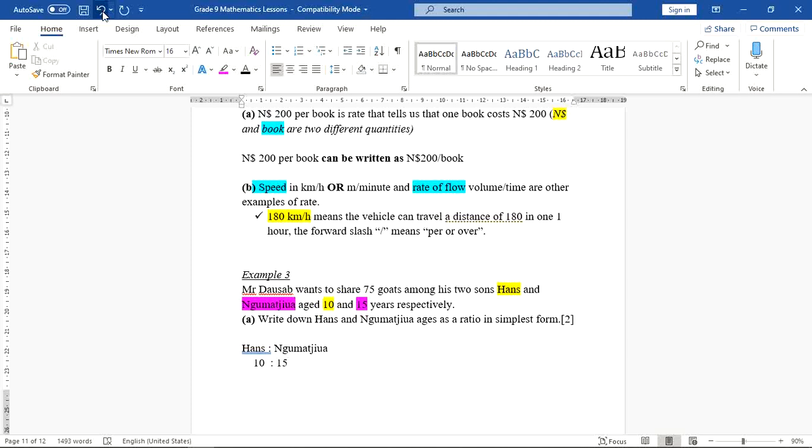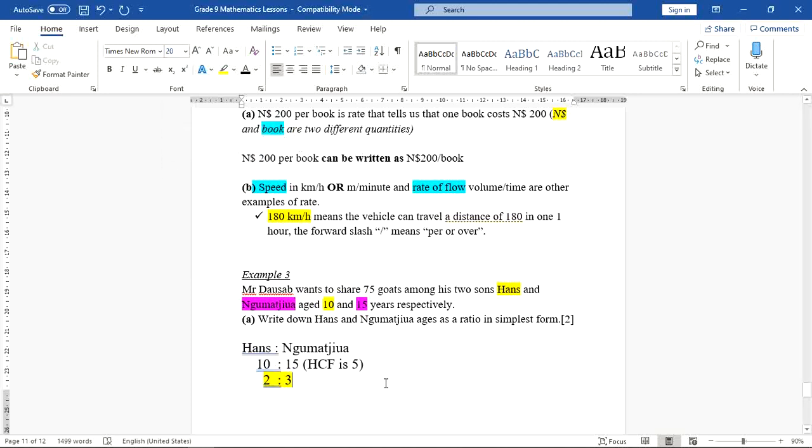You must look for the highest common factor of 10 and 15, and that highest common factor is none other than 5. So you must divide each number by 5. 5 goes into 10 2 times, and 5 goes into 15 3 times. So this is the simplest form. This is something that you have done in grade 8, so you should be fluent in this.